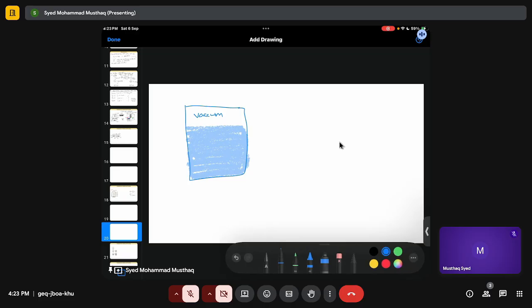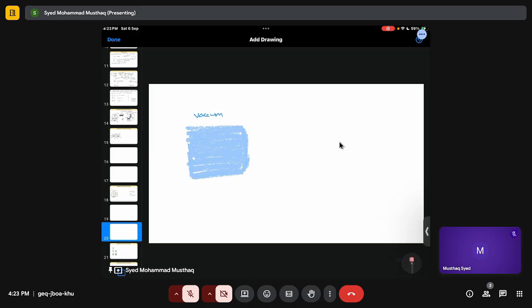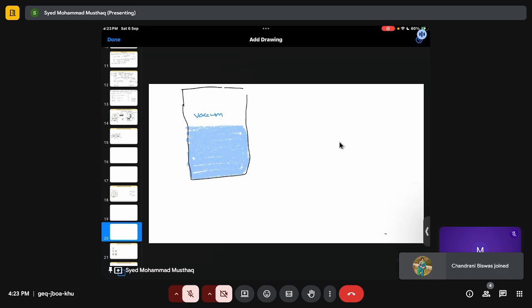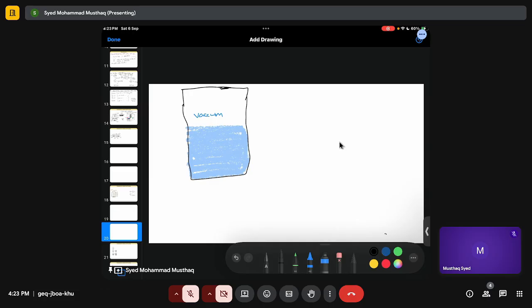Whenever I try to create a vacuum inside a container, then the water molecules will come out, or the molecules of this will form gas.